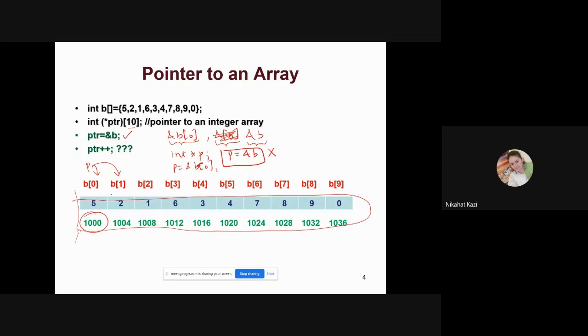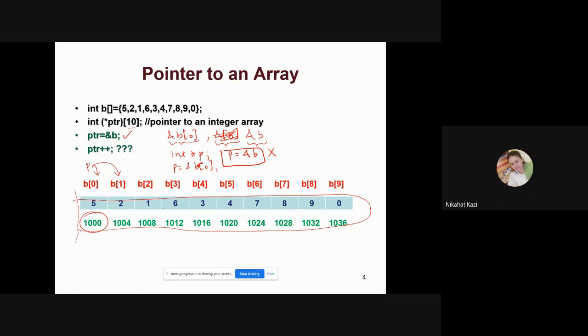But when I do a ptr plus plus, what will I get? My pointer will be incremented by the size of the array because it is pointing to the entire array. Are you getting it?